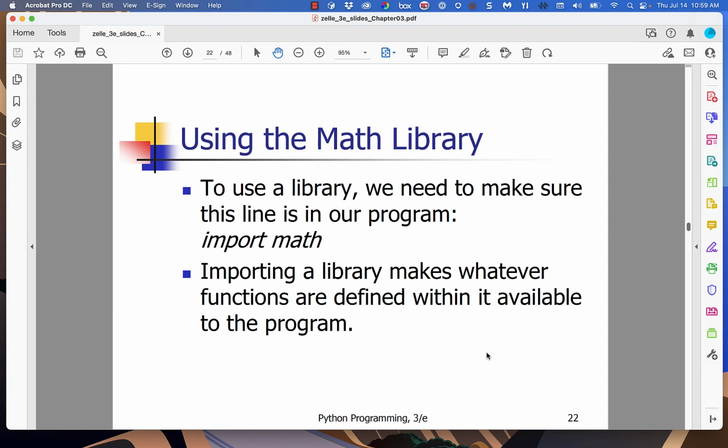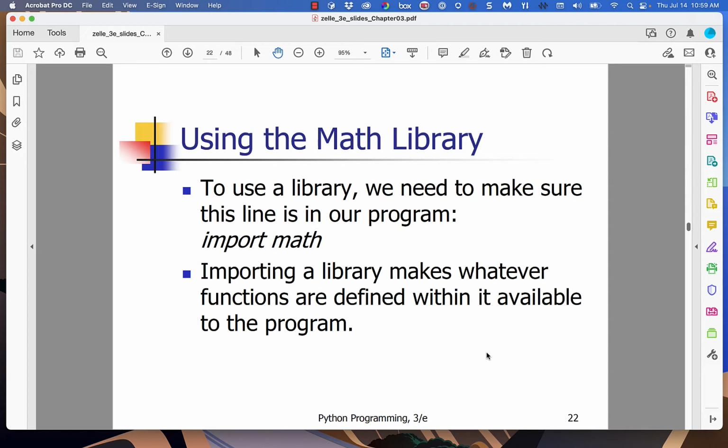Well, up in the beginning of the program, after the docstring and before the main function, we have a line that just says import math. That means that we can now use any function within the math library with this kind of import.